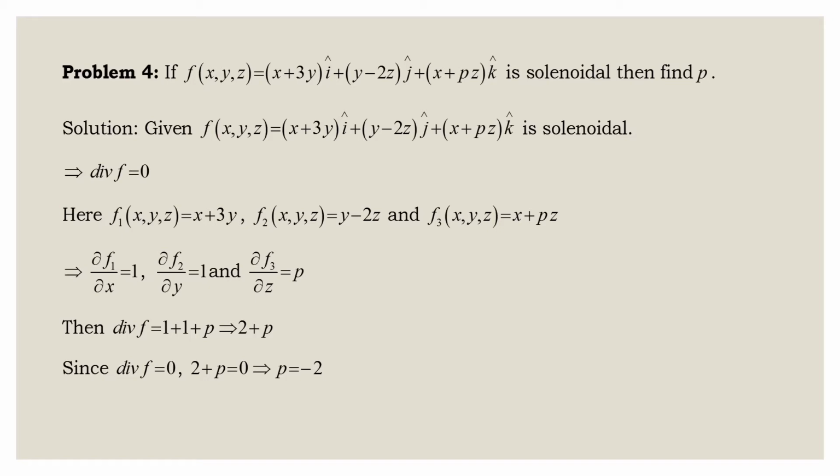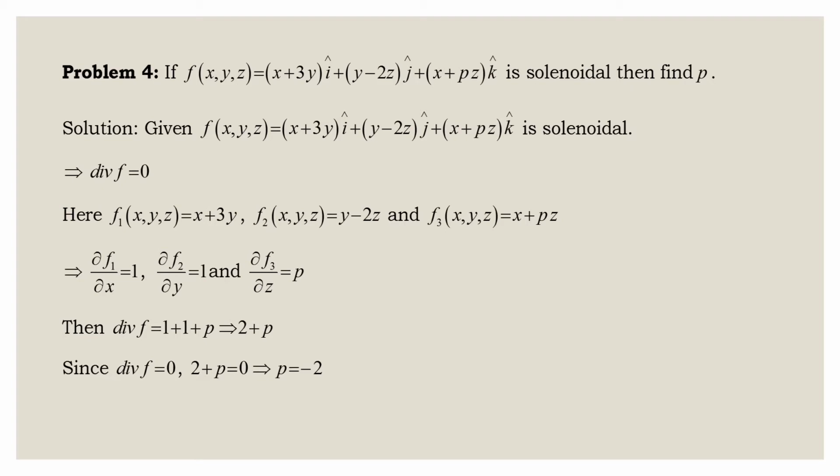For these functions, let us find ∂f1/∂x, ∂f2/∂y and ∂f3/∂z. Since the first component function is f1 of x, y, z equals x plus 3y, its partial derivative with respect to x, that is ∂f1/∂x, equals 1.